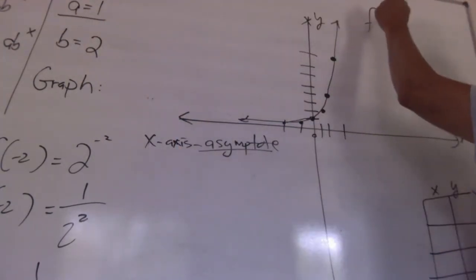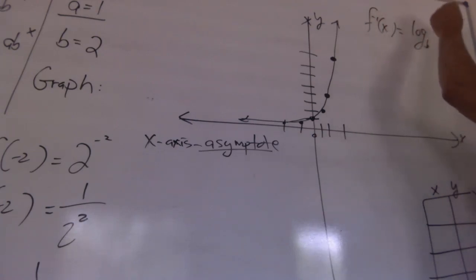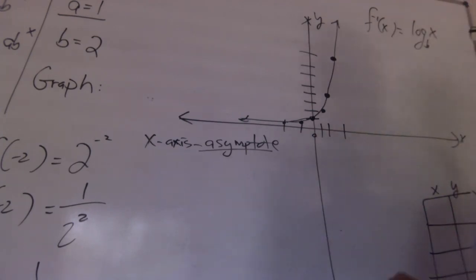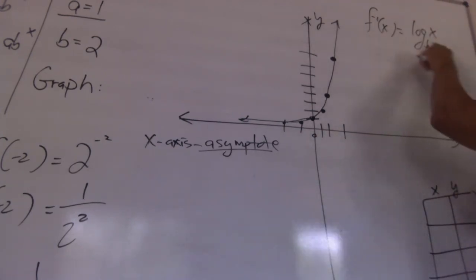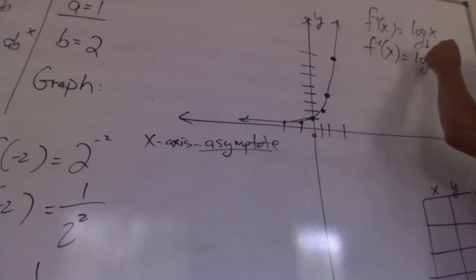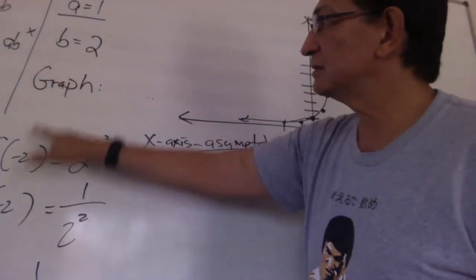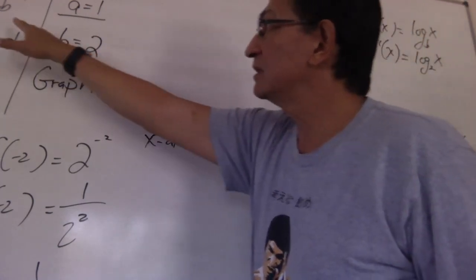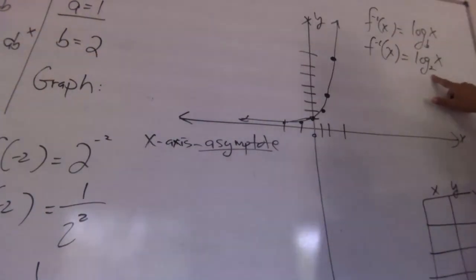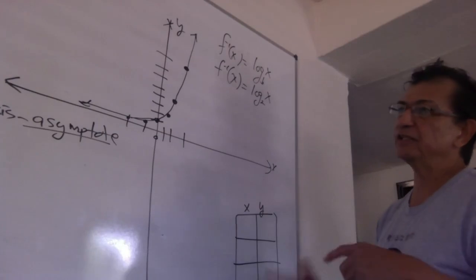So this is f inverse of x is equal to log base b of x, which is going to be equal to log base 2 of x. The base, this 2, is going to be the 2 that's right here. It's a subscript. Remember, on inverse functions, we switch the x and y.